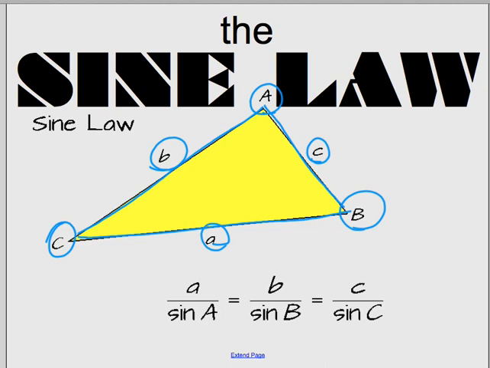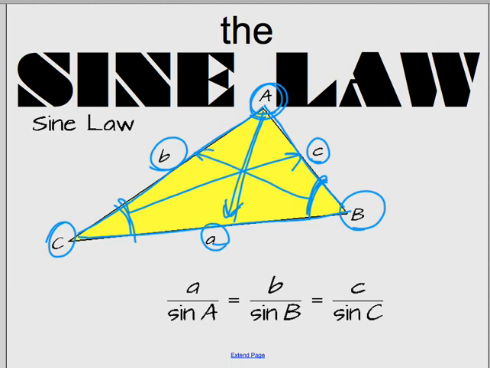The sides are always partnered up with their opposite angles. So if this is angle A, the opposite side automatically becomes side A. If this is angle C, its opposite side is side C, and if this is angle B, its opposite side is labeled side B.